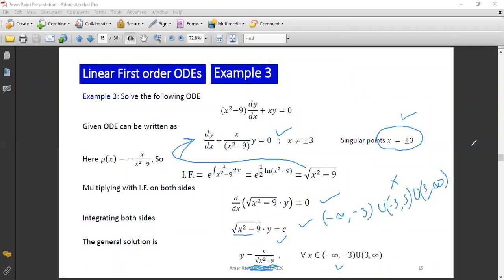When you insert a number less than 3 in this, the square root becomes a complex number, so we don't include this interval in the solution. So the solution is valid only for these two intervals by excluding the singular points 3 and minus 3. I hope you get it.